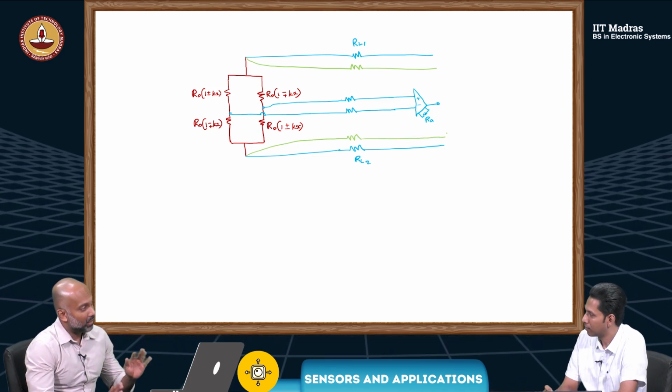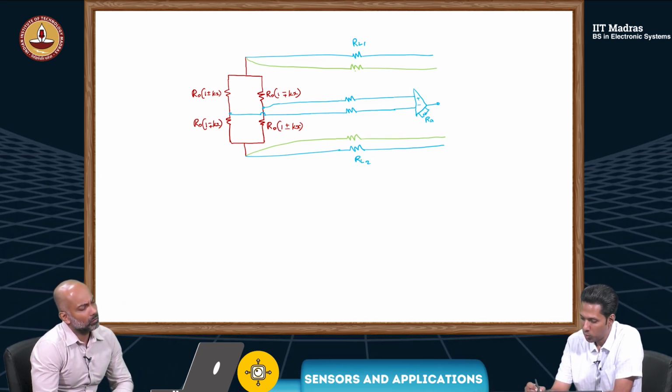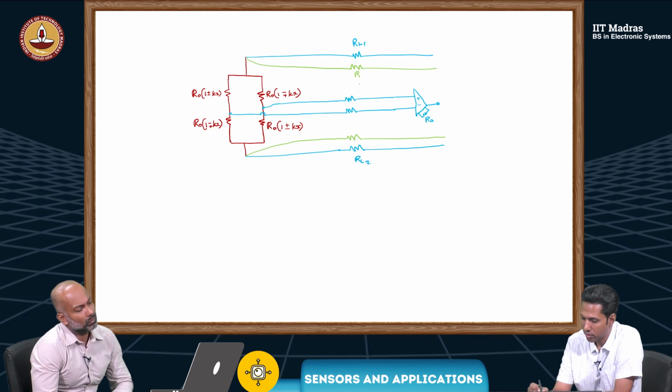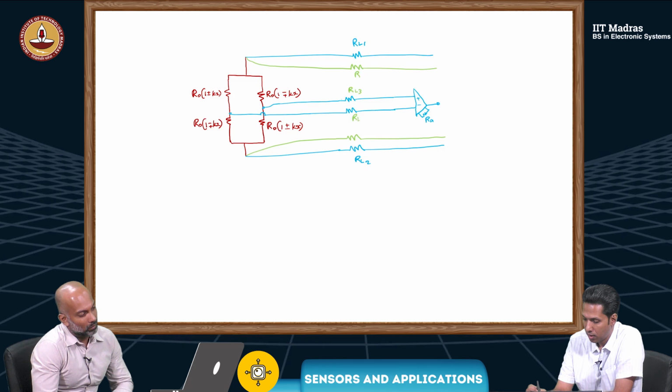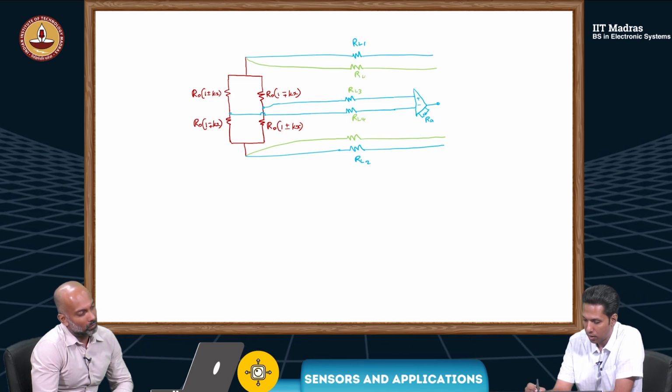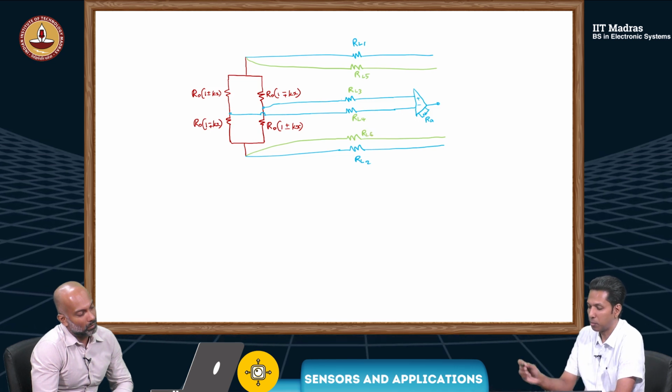So you are adding another wire. Another two more wires. And I'm going to use, this will also have lead wire resistance. So it is RL3, RL4, let's say RL5, RL6. Looks like a mess now.